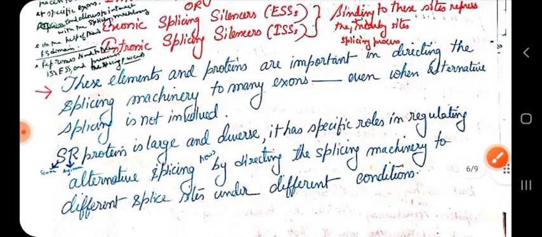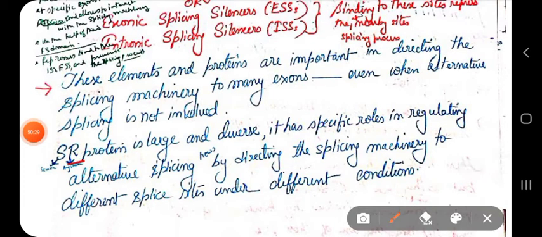One such enhancer protein group is the SR proteins, serine arginine rich proteins. Serine arginine rich proteins have different names, like I have said, SF2 ASF, which is found within the monkey virus SV40. SF2 ASF is an example of SR rich proteins. SR rich proteins are large and diverse.